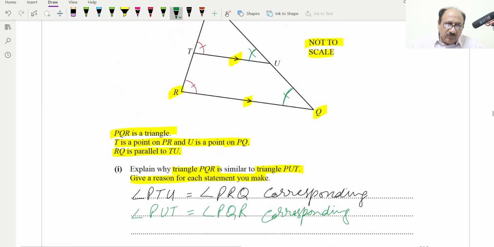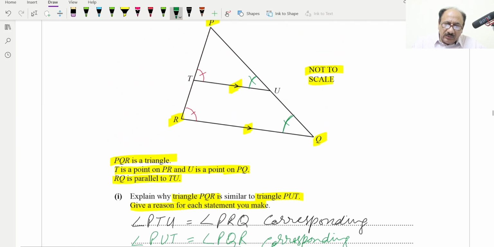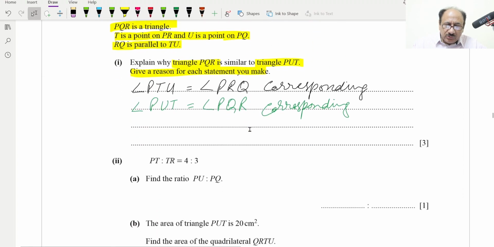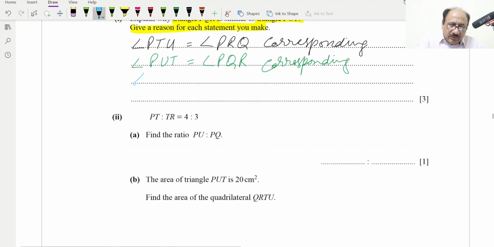And now the third one, angle P, is this one, which is common in both triangles. So we can write angle RPQ is common in both triangles.